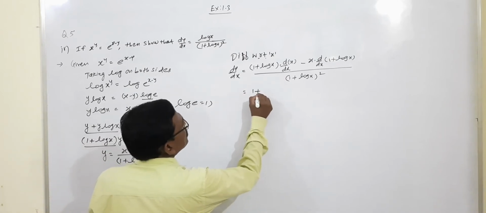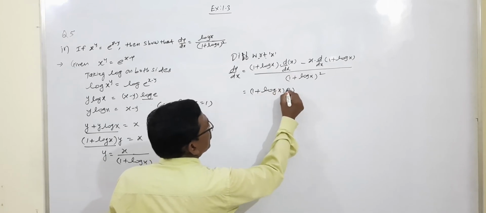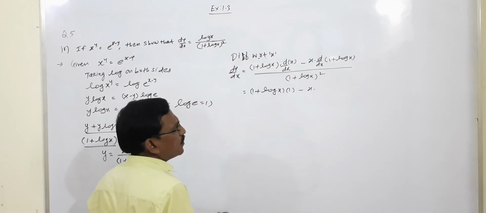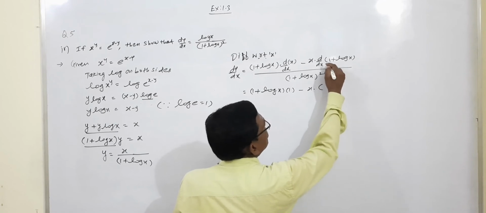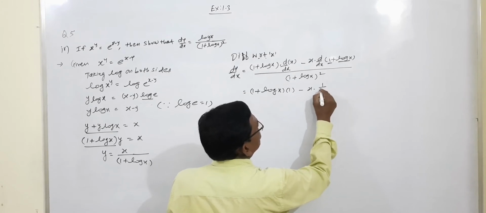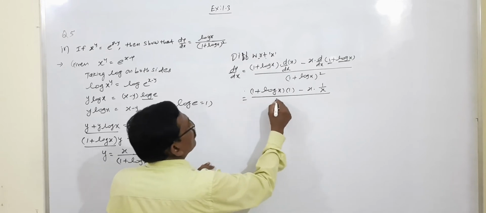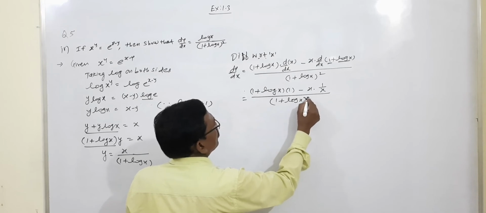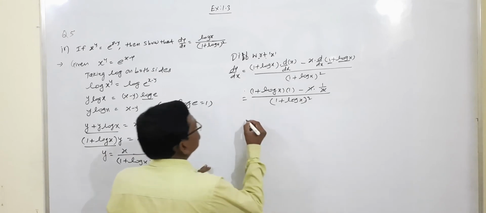Here 1 plus log x as it is into the derivative of x with respect to x, which is 1, minus x into the derivative of 1, which is 0, and the derivative of log x is 1 by x, divided by 1 plus log x whole square. It is v square. This x will get cancelled.